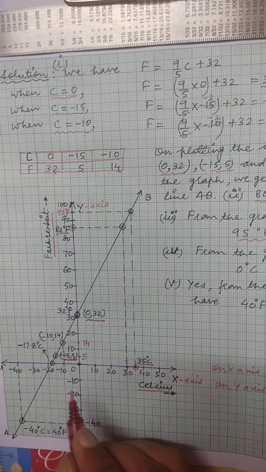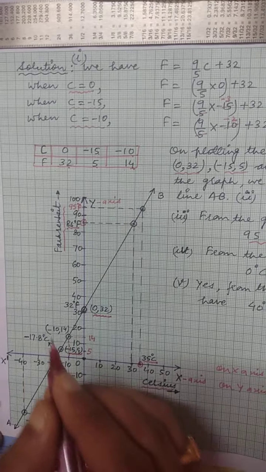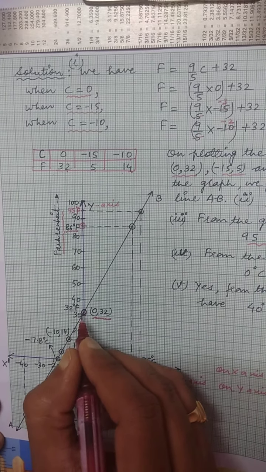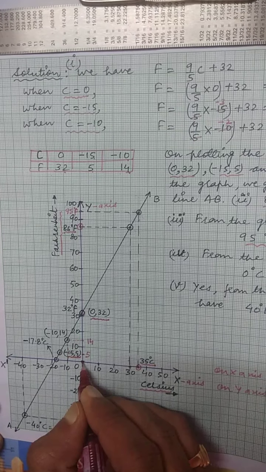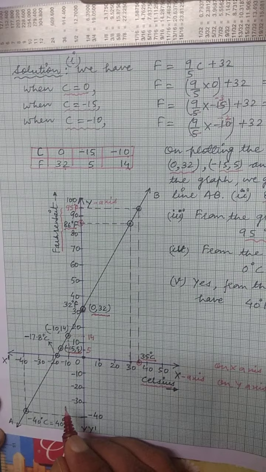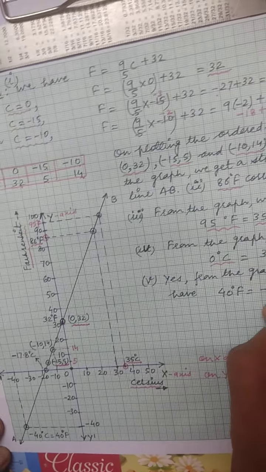So whenever x is 0, you will get y. So when we move here, we will get the point here. So 0 degrees Celsius is 32 degrees Fahrenheit.